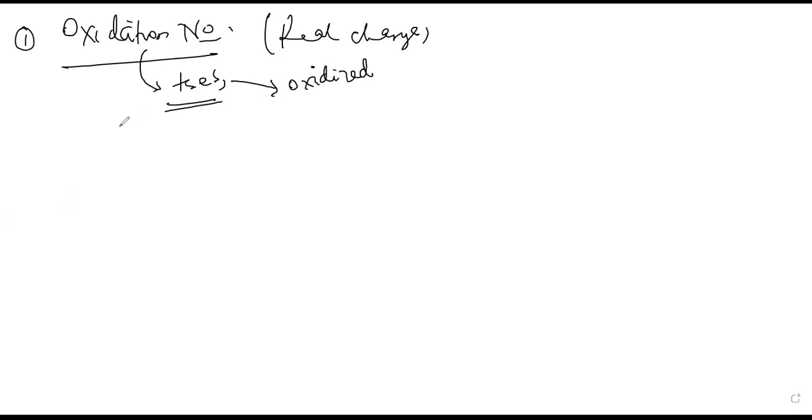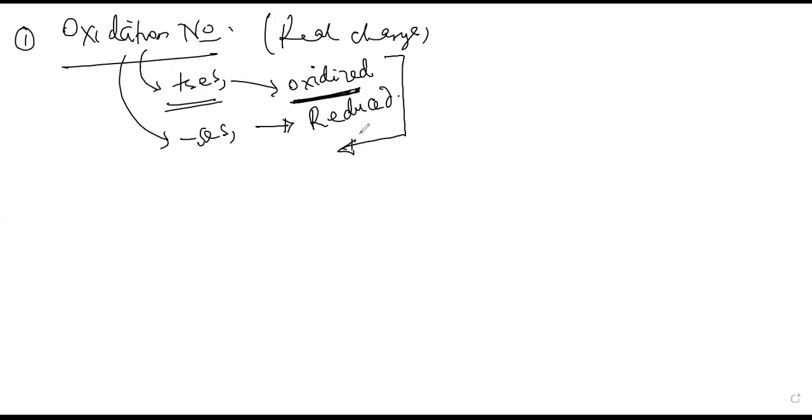And when the oxidation number decreases, the substance is said to be reduced. Because when oxidation takes place, remember, there is loss of electrons. We are going to see how true that is in due course.